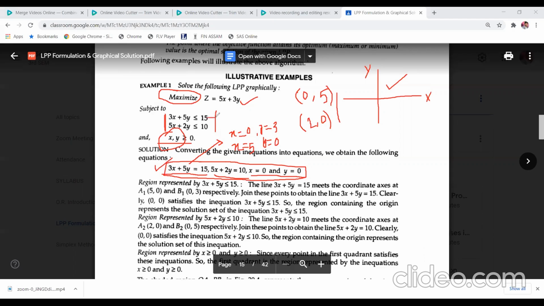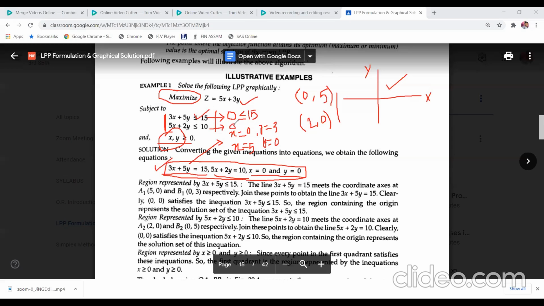If you put x equal to 0 and y equal to 0 in the first inequation, the left side will be 0, and 0 is less than or equal to 15, the right side. So obviously it's true. That means in the solution region of the first inequation, origin lies. Similarly, in the second inequation, if you put x equal to 0 and y equal to 0, 0 is less than or equal to 10.